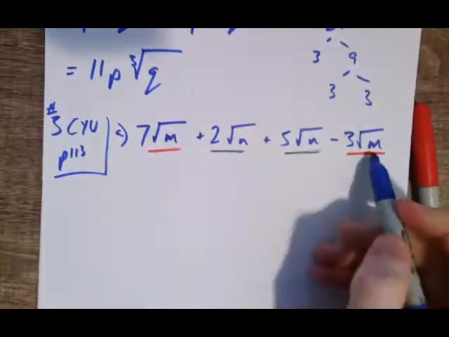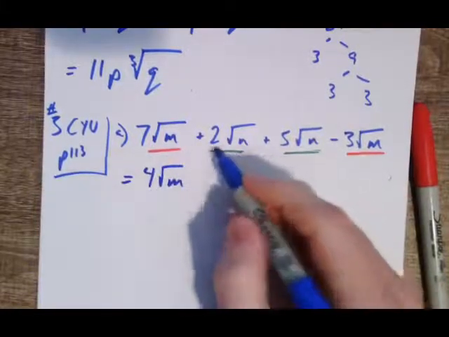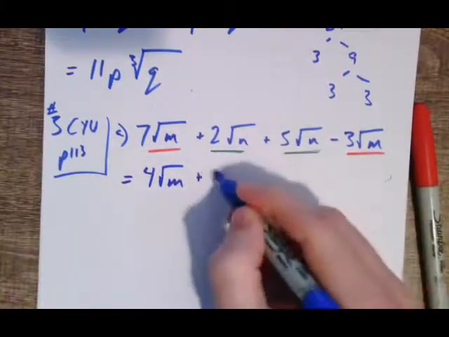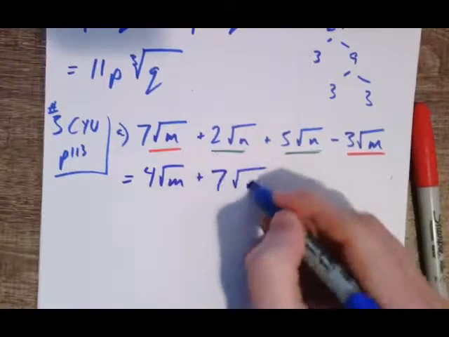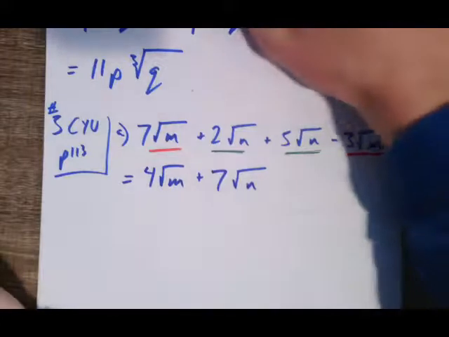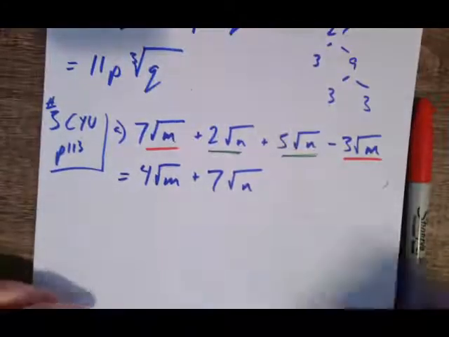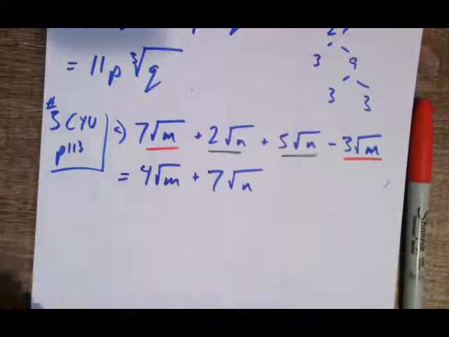So 7 root m minus 3 root m is 4 root m. 2 plus 5, 7 root n. Pause it for 1 second. Okay, so that's it: 4 root m plus 7 root n.